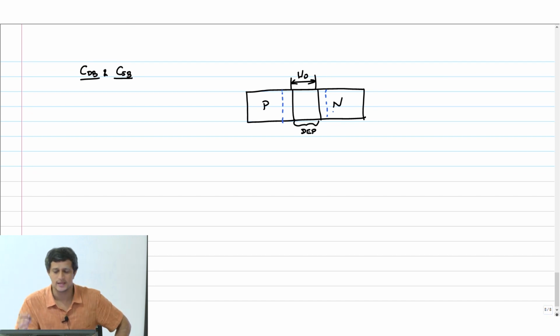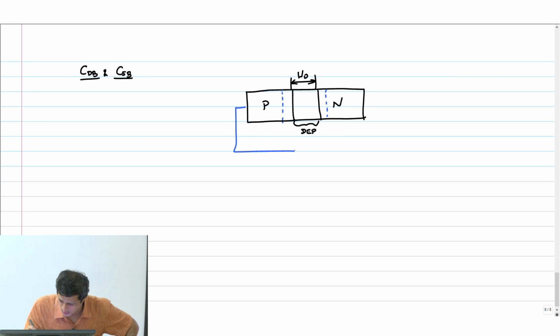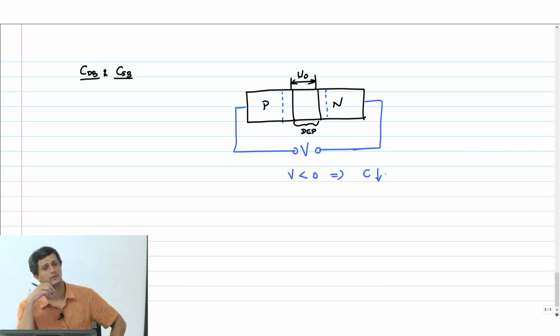So the key thing is that it is a function of the applied voltage also. If this is my applied voltage V, then if V is less than 0, the capacitance also decreases because the depletion region goes farther, and therefore it comes down.